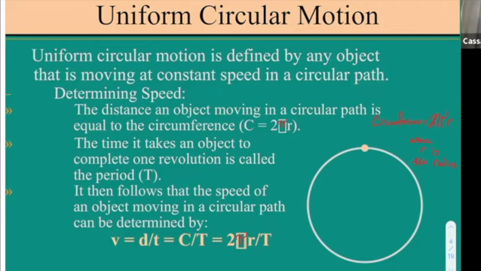And it fills the whole area. So the circumference is equal to 2 times pi times r. So the distance an object moving in a circular path travels is equal to the circumference. So you need to remember circumference is equal to 2 pi r, where r is the radius.